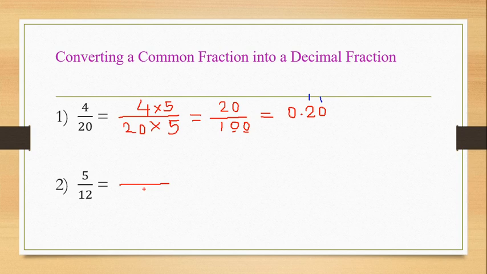First, we will multiply 12 by 5. 12 fives give 60. Clear? Numerator 5 is multiplied by 5 only. Why 5 have we taken? Because in the place of the denominator we have taken 5. Then 5 fives gives you 25.